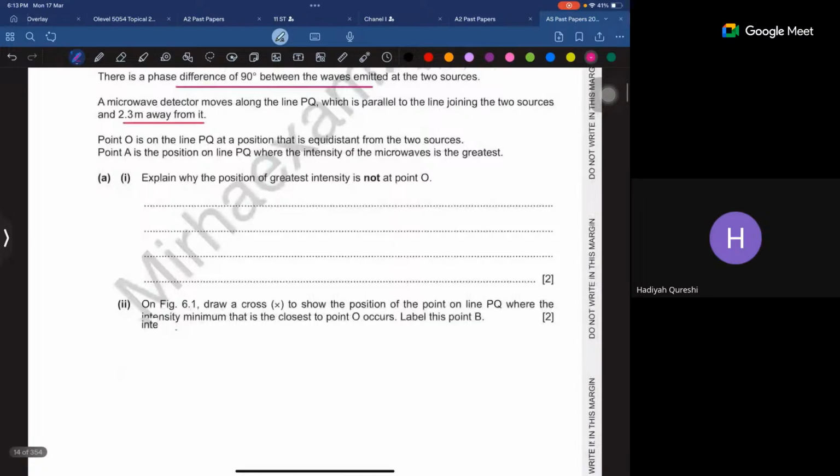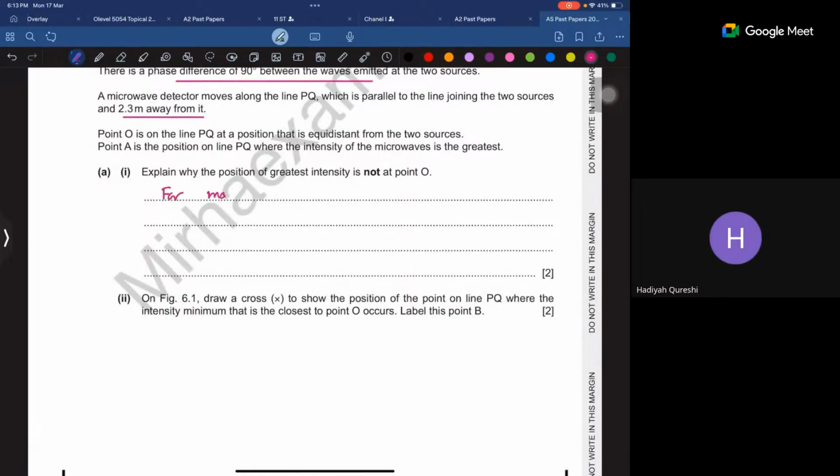All right. So for maxima at the center, we're going to say that the sources must be in phase.